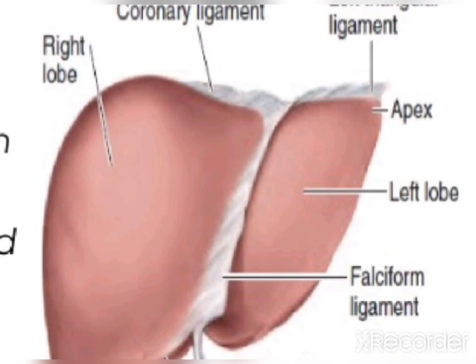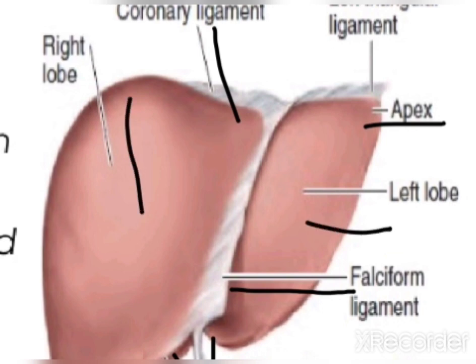There are ligaments like the coronary ligament, then there is a falciform ligament, which is the round ligament of the liver. In the inferior border it is, and the gallbladder. So this is the left lobe and the right lobe.